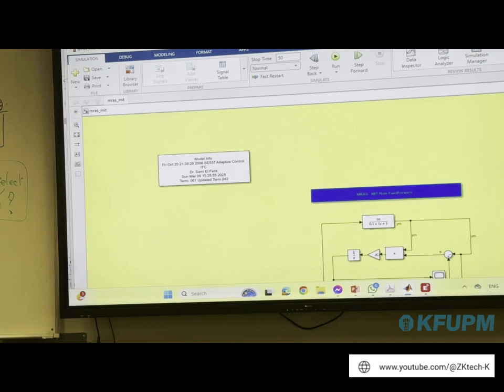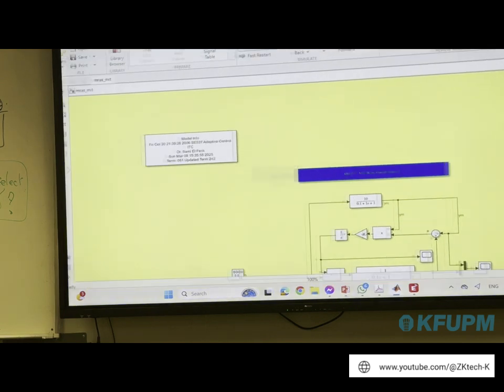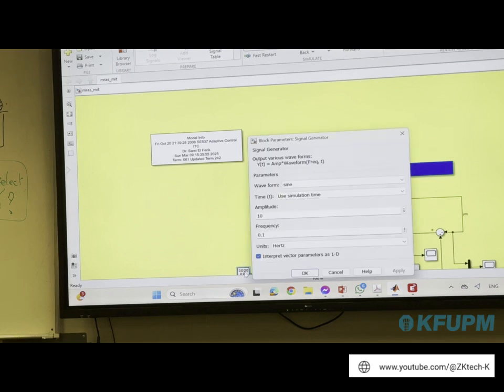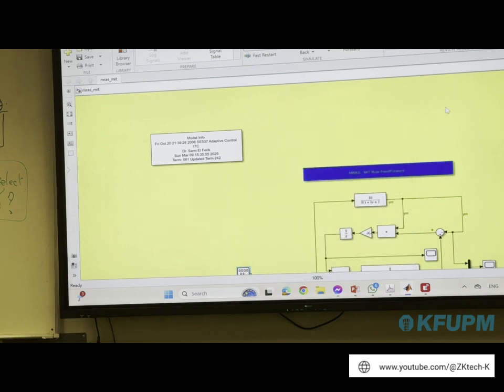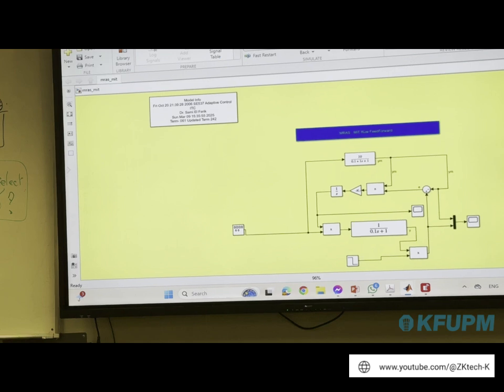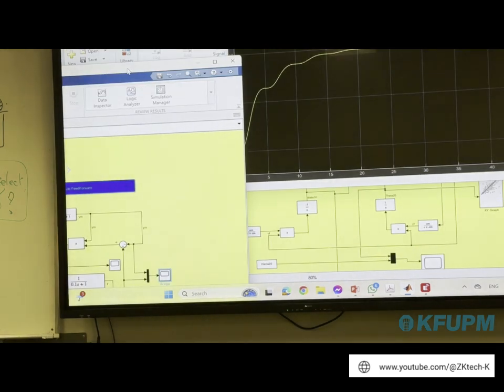Then what we said, we are going to change this one to 1 or 2. I think it's opening somewhere else. I don't know where.